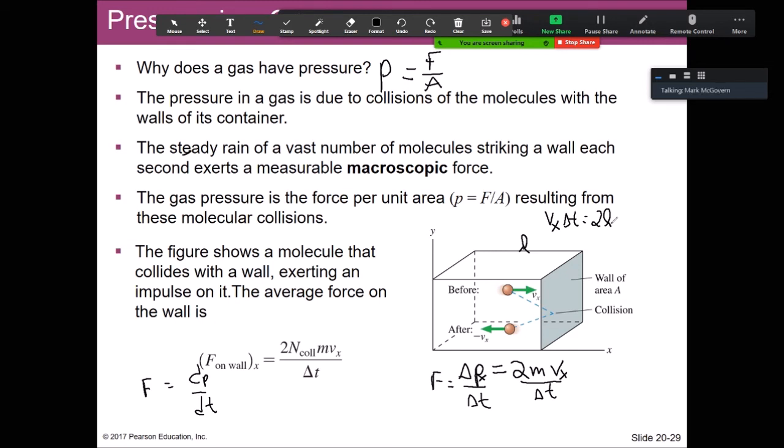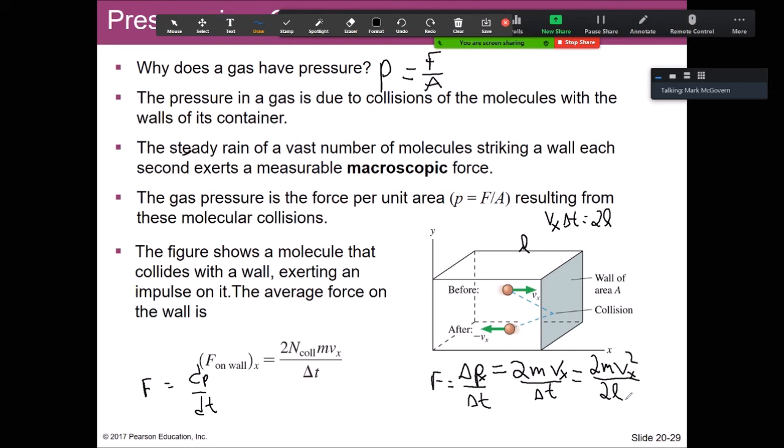So I can change this a little bit more, and I'll write an additional step down here. I'm going to plug in my delta t, and I get a 2m, and this becomes Vx squared, because when I divide, the 2L is in the bottom and the V comes up to the top.